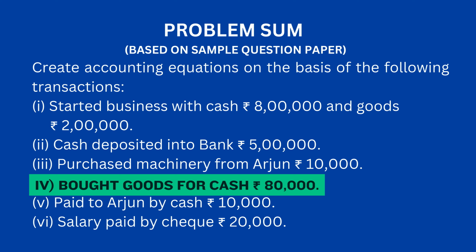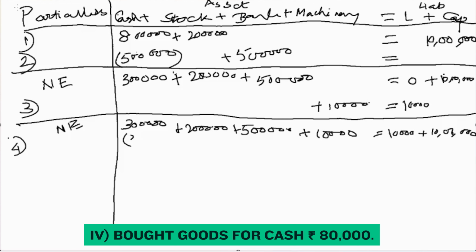Next, we have goods bought in cash, 80,000. So 80,000 gets subtracted from cash and stock gets added rupees 80,000. Now, in equation 4, what we see is we are having cash negative 80,000 because we are giving cash.